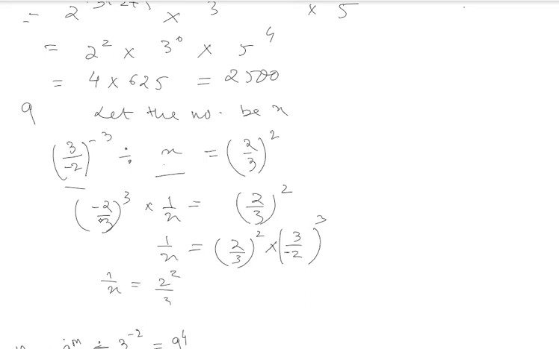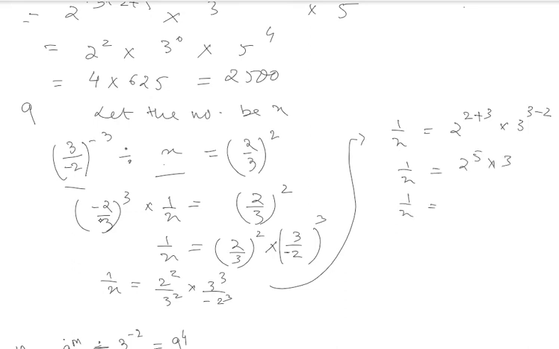2 square by 3 square into 3 cube by minus 2 cube. So what do I get? 1 by x is equal to 2 to the power 2 square plus 3. So 1 by x is equal to 2 to the power 5 into 3, 32 into 3, 1 by 96.